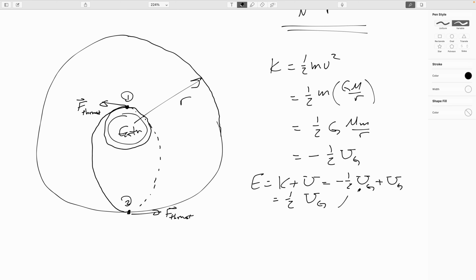So if you're in a closed orbit, and this is another reason for choosing the potential energy to be zero at infinite separation, this will be a negative number. If it's a parabola or hyperbola, it will be a positive number.